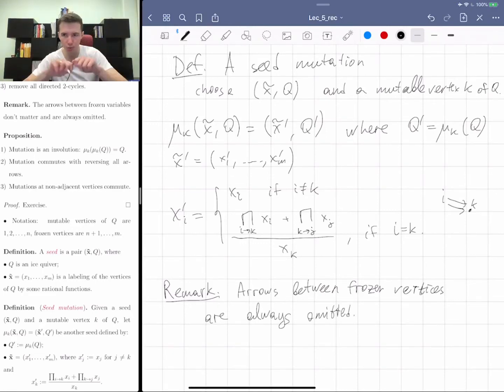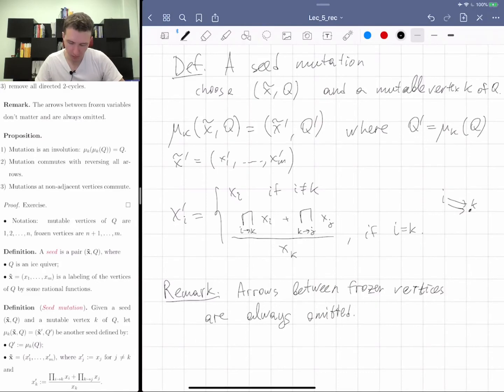Whenever I see an arrow between two frozen vertices, I immediately erase that arrow and continue as if it weren't there. You can leave them; sometimes constructions are more beautiful if you leave these arrows, but in general they don't matter. That's the point. I have just arbitrarily chosen to not draw them ever.